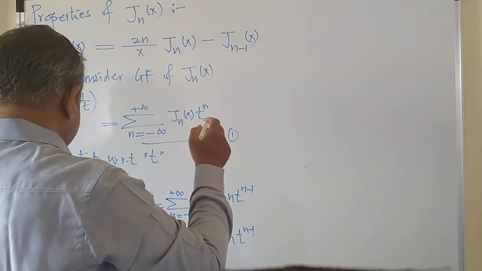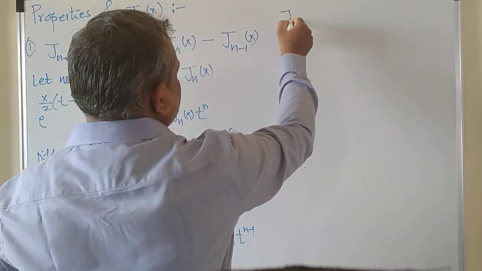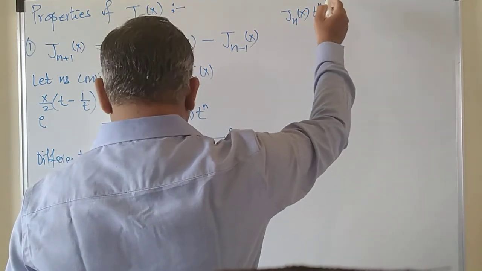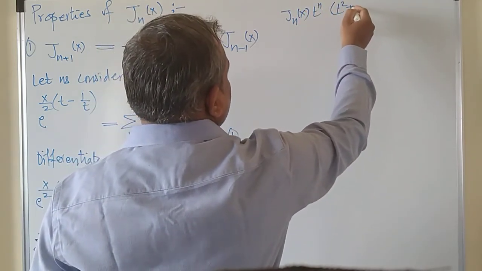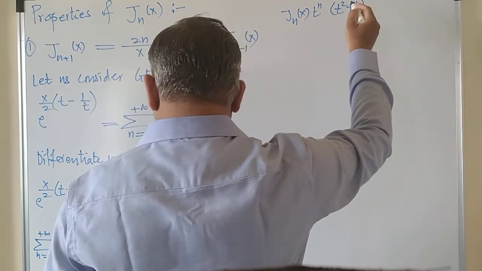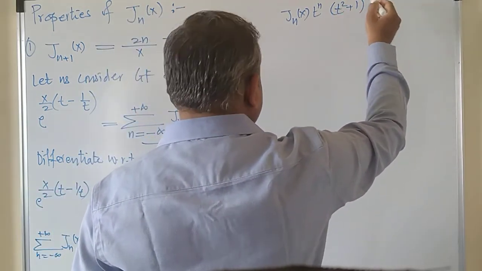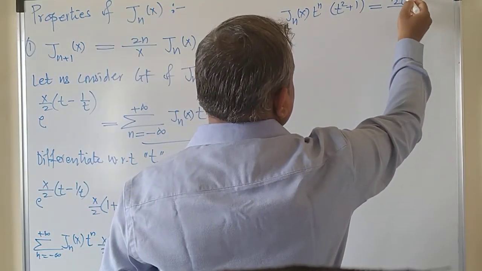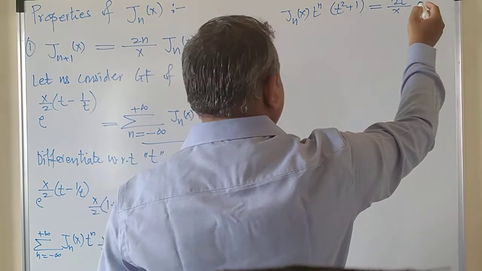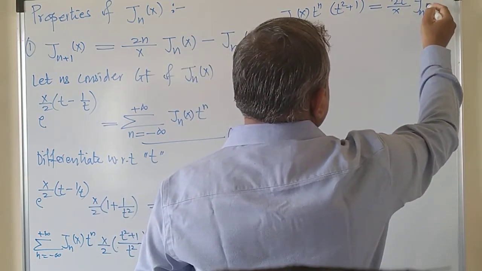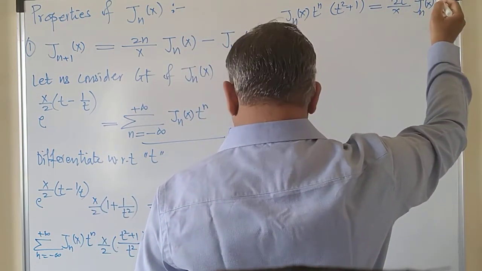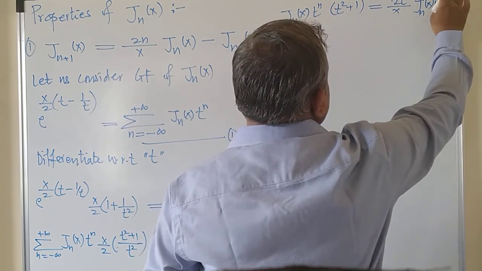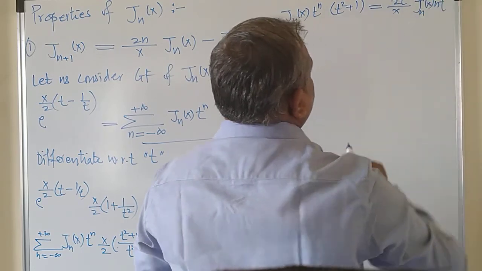So in the next step we will get Jn of x t raised to n into t square plus 1, and this is equal to 2t square by x into Jn of x n t raised to n minus 1.